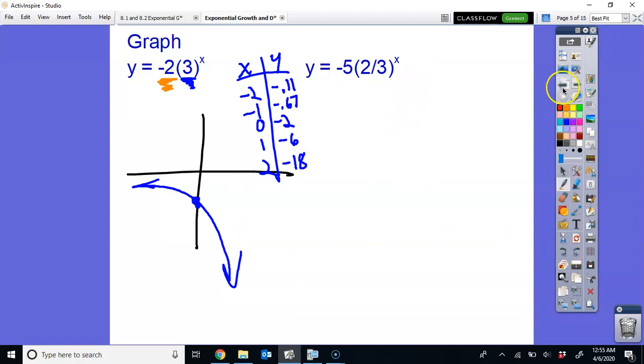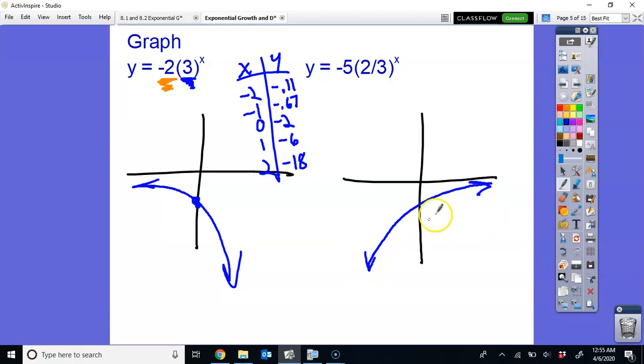Decay can do the same thing. Decay can look like it's actually going up. This guy right here would end up looking like it's going up, but it's called decay because it's getting closer and closer and closer to the axis. And it wouldn't actually be a decay function even though it's getting higher.